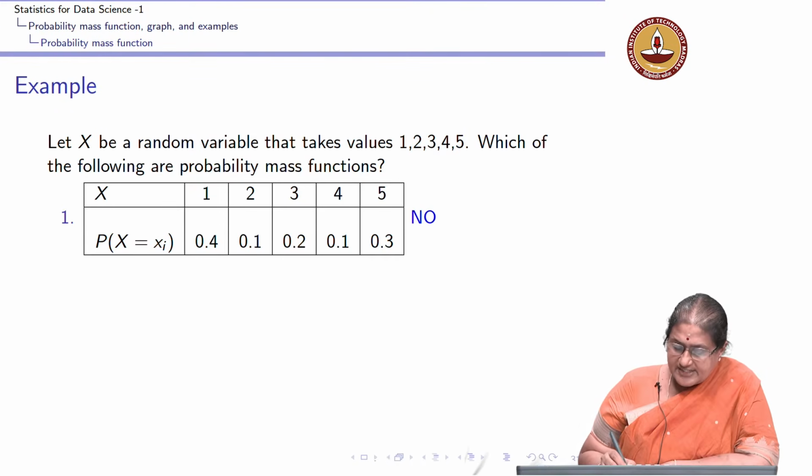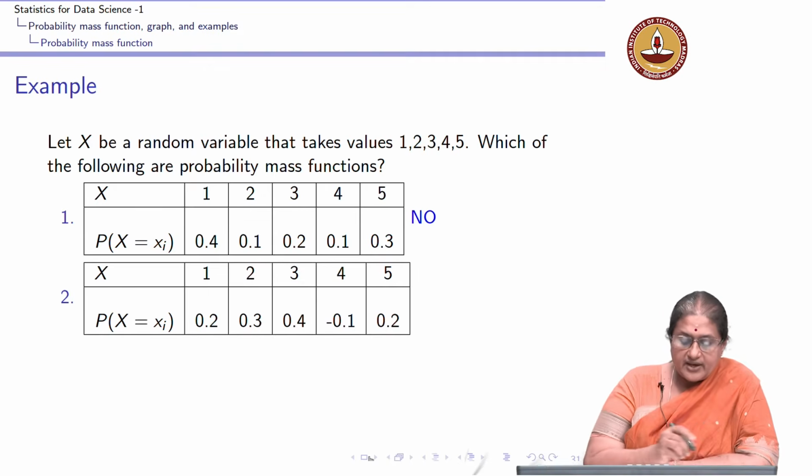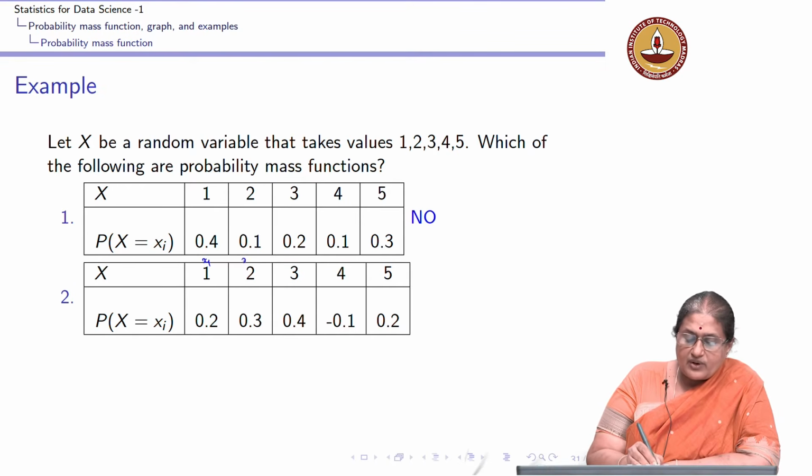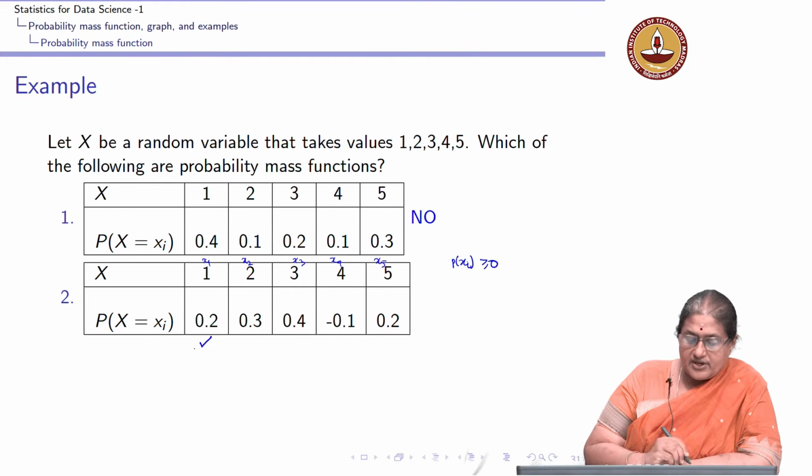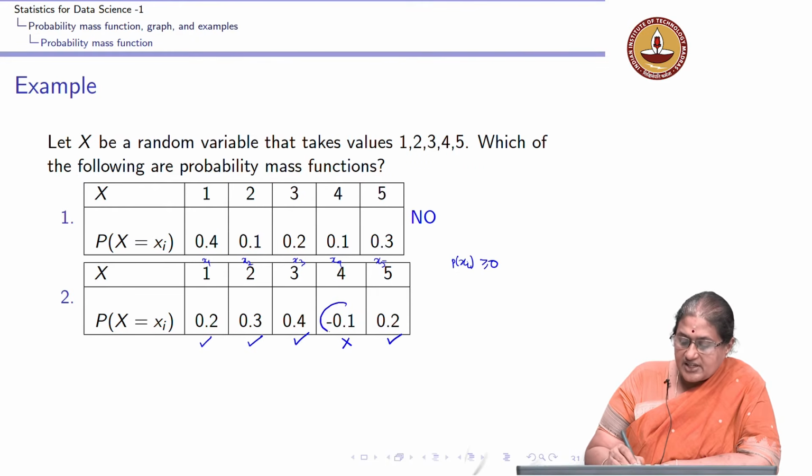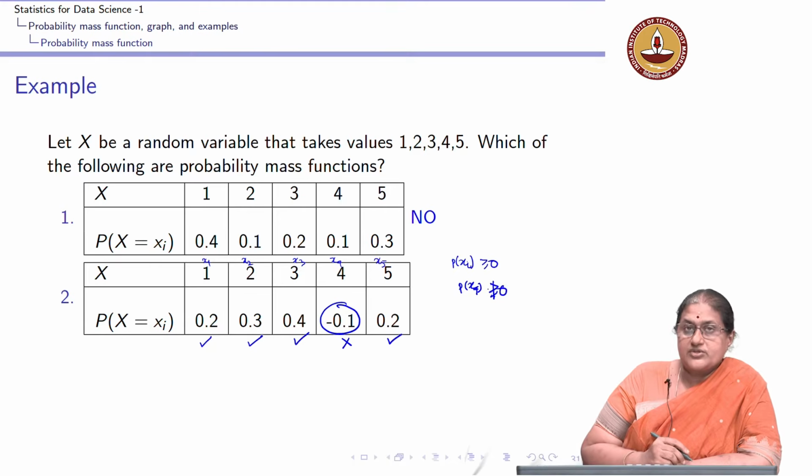Now, let us look at the second example. Again, x is taking the values 1, 2, 3, 4 and 5. So, the first property: probability of xi is greater than or equal to 0. Here it is yes, yes, yes. This is a no, this is a yes. So, you can see that probability of x4 is not greater than or equal to 0.